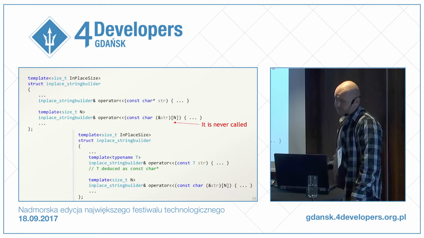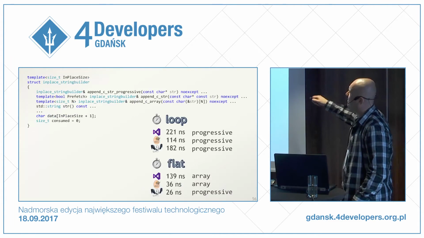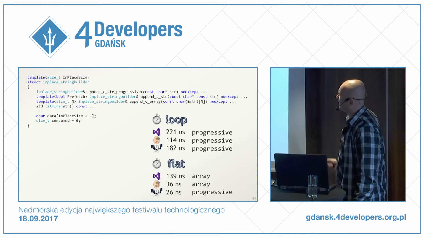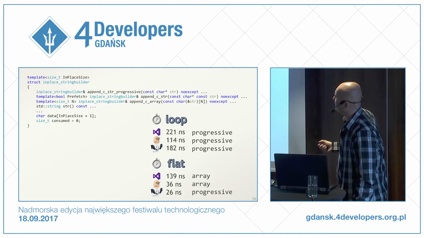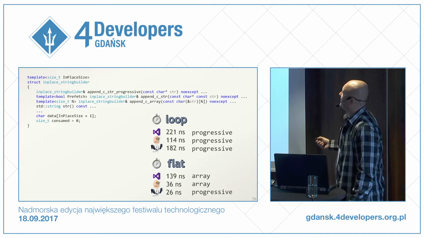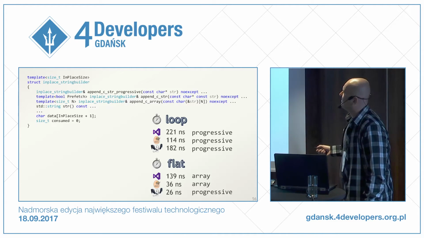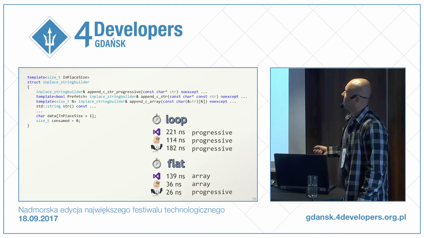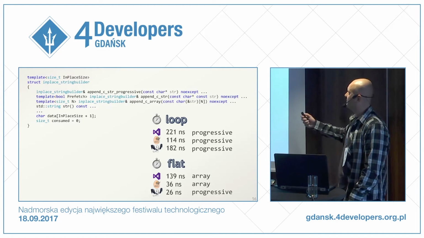Okay, let's sum up. Let's bring all the implementations together, right? We have in-place StringBuilder, we have a progressive, CSTR, CRI, we have function to build a string, right? And we have array of characters and consumed, right?